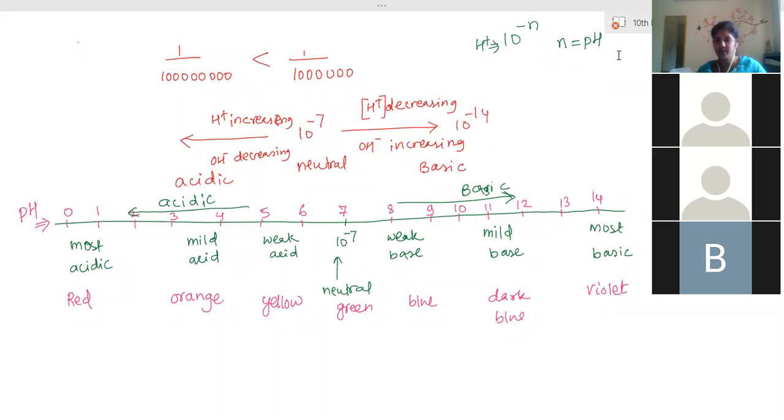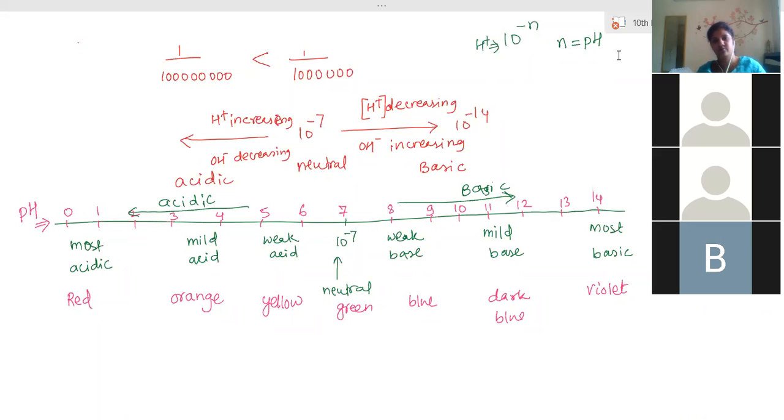Then water 7. Common salt solution 7. Human saliva 6.5 to 7.5. Blood 7.4. Human blood 7.4.